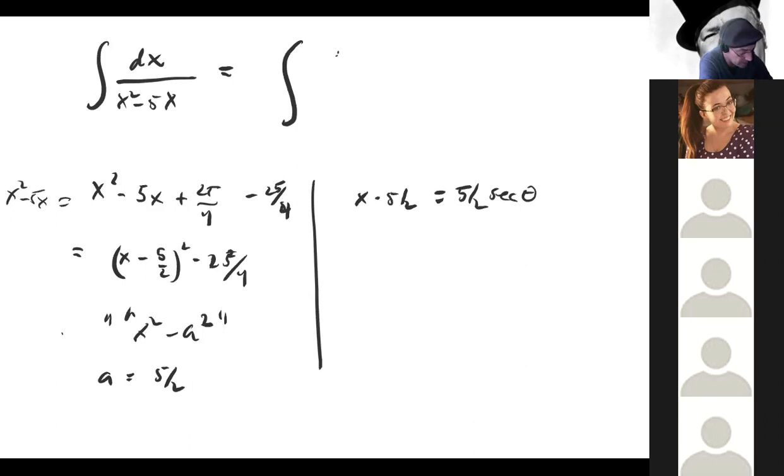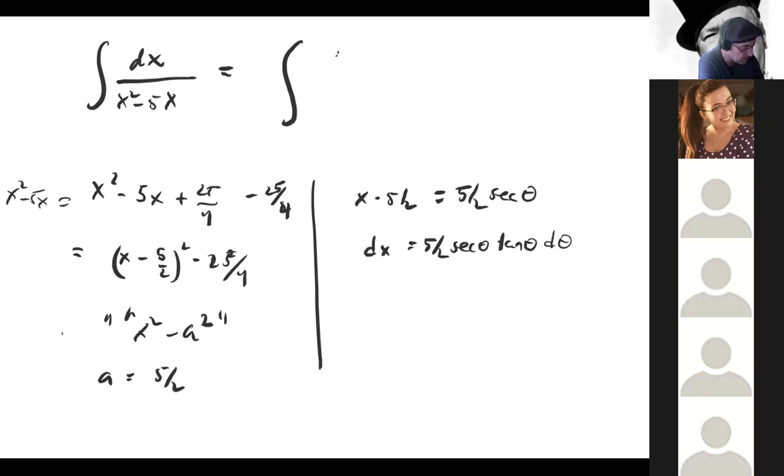Okay, so then what is dx? I'm going to take the derivative of both sides with respect to x. The constant disappears, so dx is 5 halves secant theta tangent theta d theta. Okay, and then what is x squared minus 5x going to be?